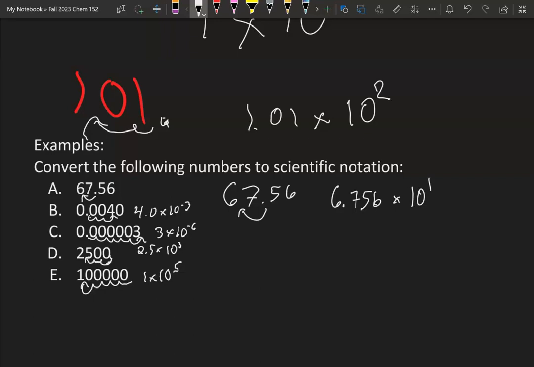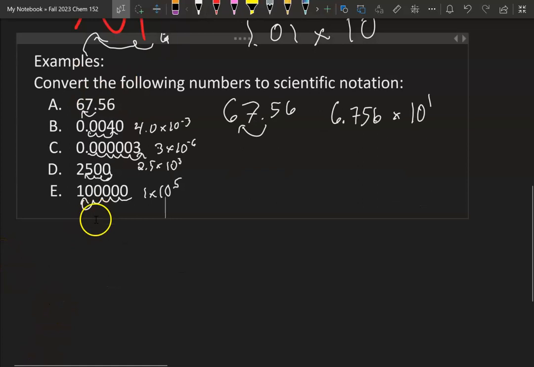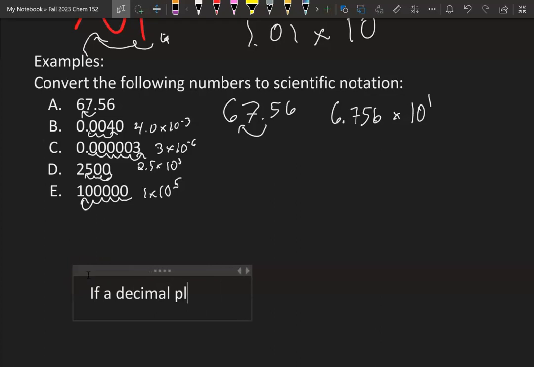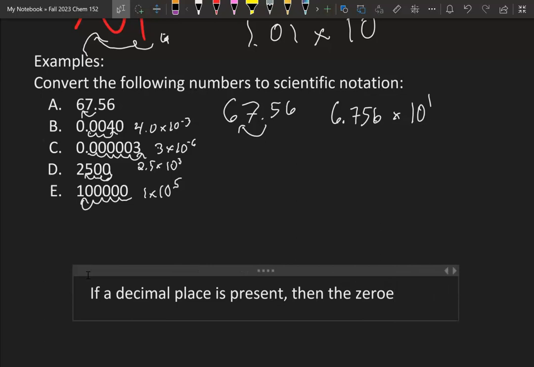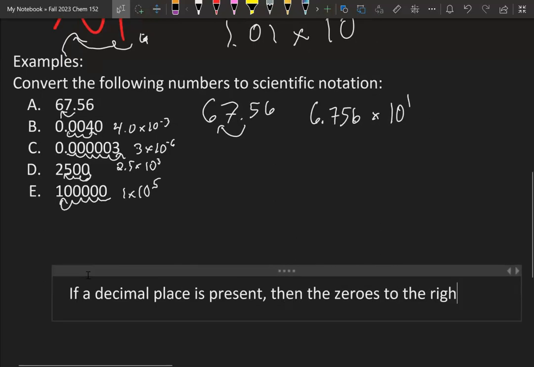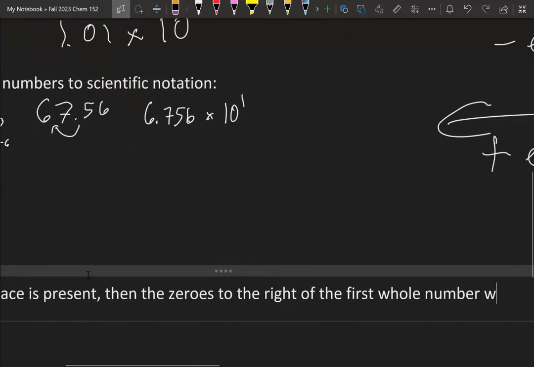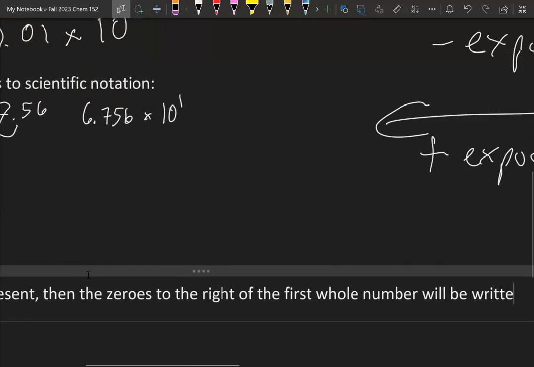And then just pay attention to those little subtle details about if you have a decimal place. If a decimal place is present, then the zeros to the right of the first whole number will be written.